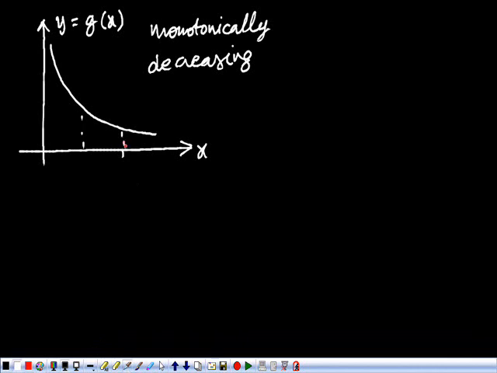So here consider this as x and this as x plus dx. This as y. Is it right? Corresponding to x we have one value, this value, and corresponding to x plus dx another value.